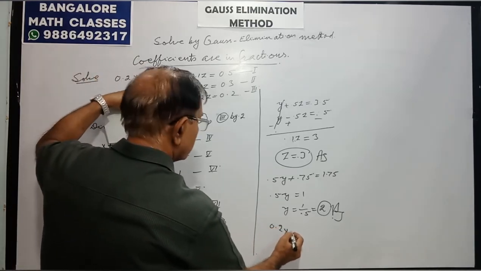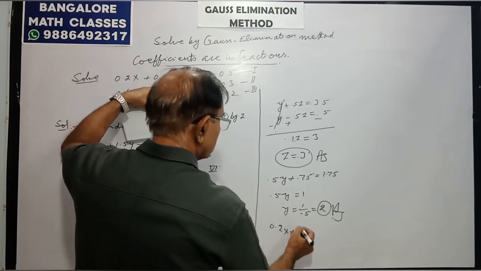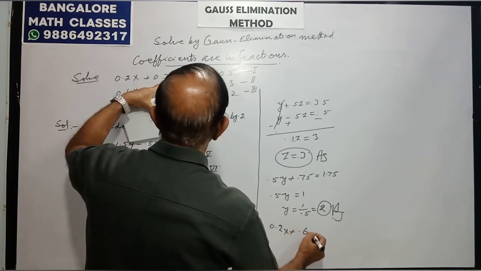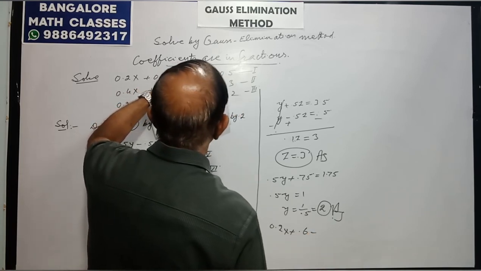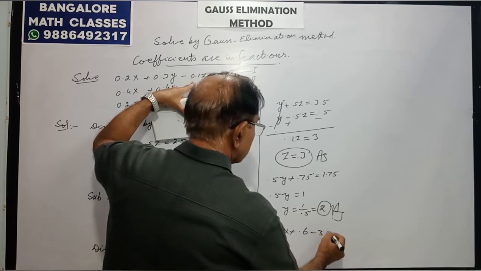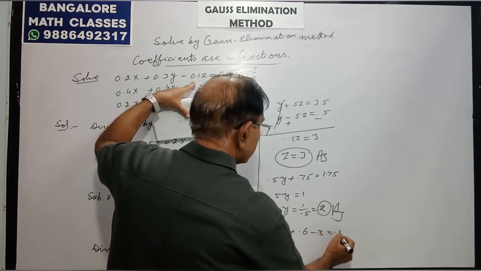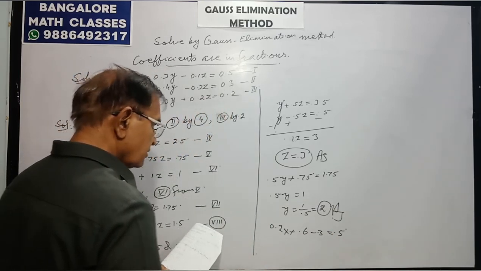0.2x plus y for 2, that's 0.6, minus z for 3, 0.3, equals 0.5. So then solve it. By solving we will get 1.